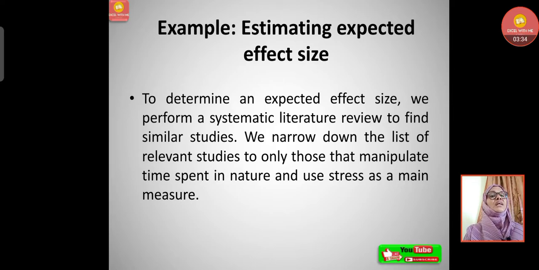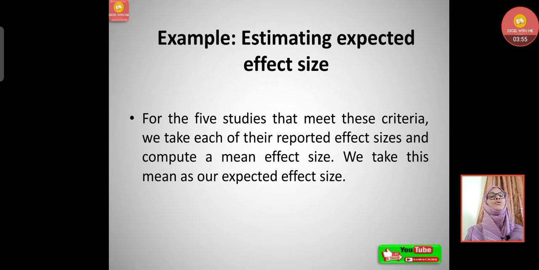We narrow down the list of relevant studies to only those that manipulate time spent in nature and use stress as a main measure.